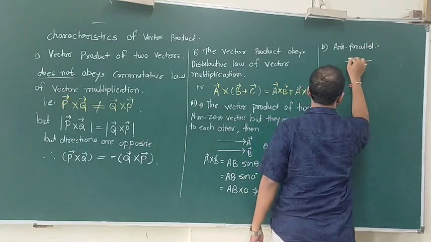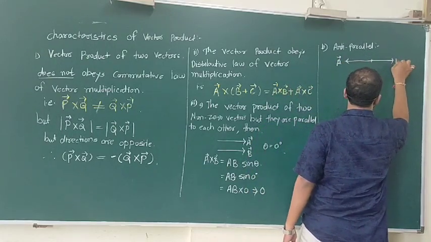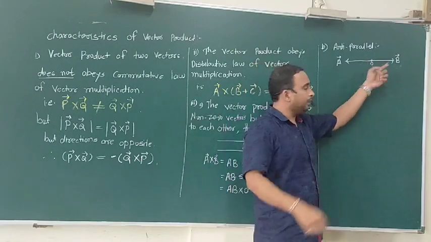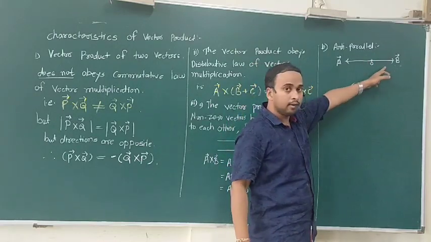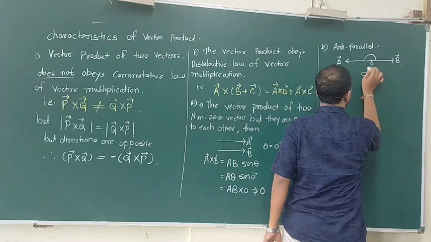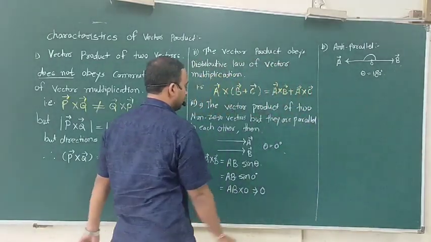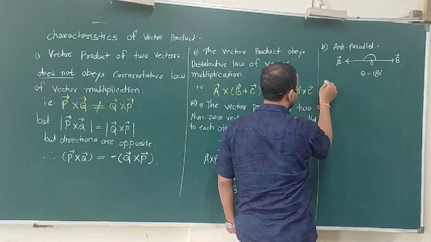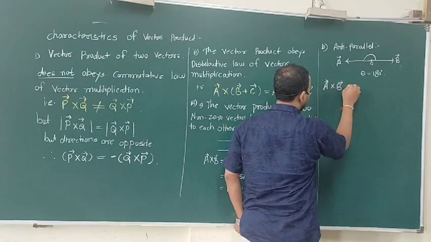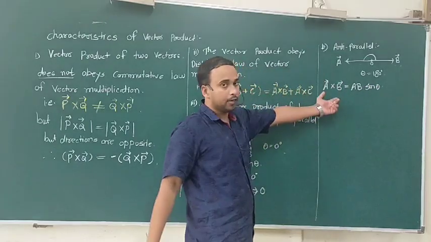that means suppose here is the A bar and... sin theta according to the definition of cross product.